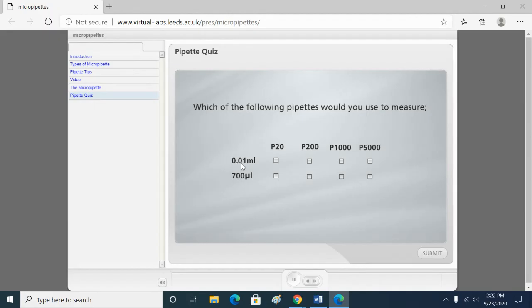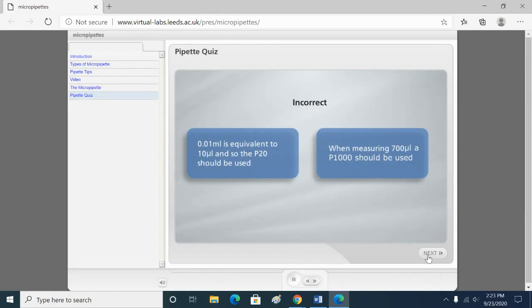With the decimal, 1, 2, 3, so 100. So which pipetter would you use? 200? And for 700 microliters, 1,000? Which one?